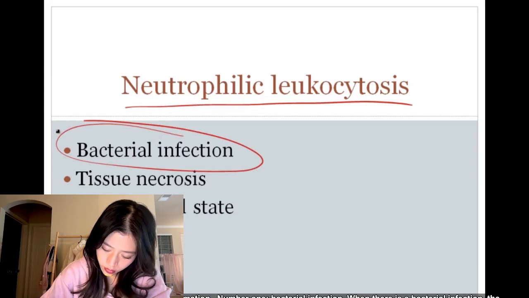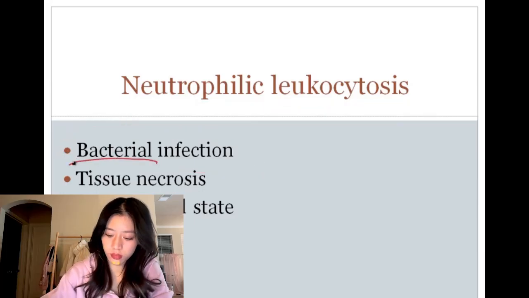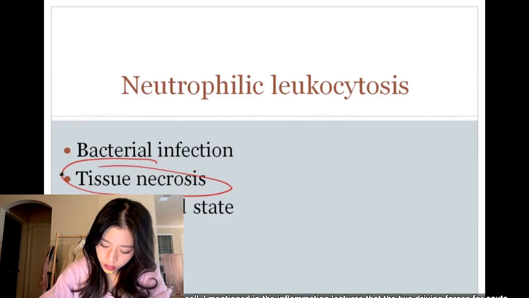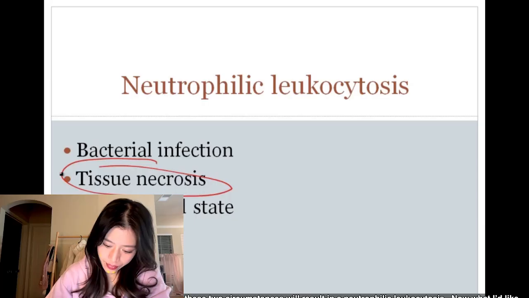When there is a bacterial infection, the neutrophil count goes up, and therefore we would have a neutrophilic leukocytosis. At the same time, tissue necrosis can also result in a neutrophilic leukocytosis. As you will recall, I mentioned in the inflammation lectures that the two driving forces for acute inflammation are bacterial infection and tissue necrosis. So these two circumstances will result in a neutrophilic leukocytosis.